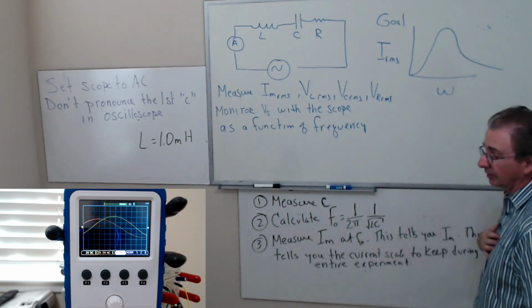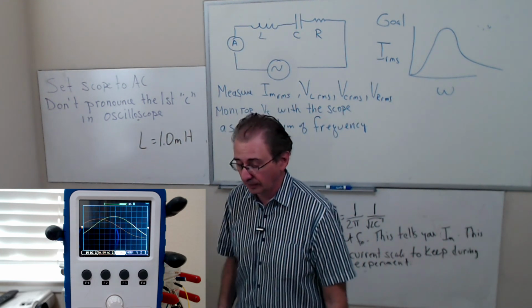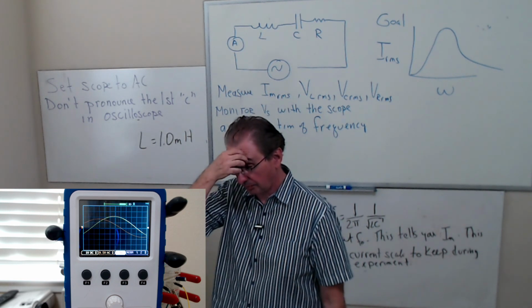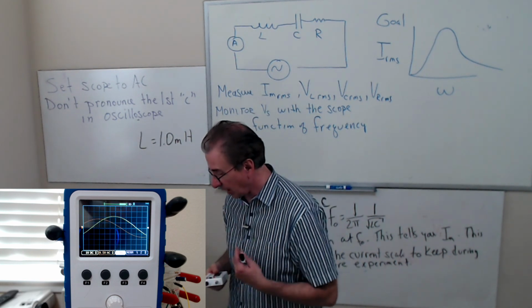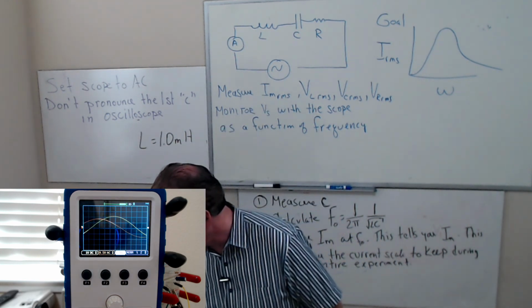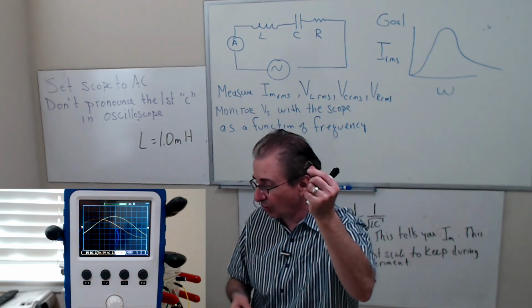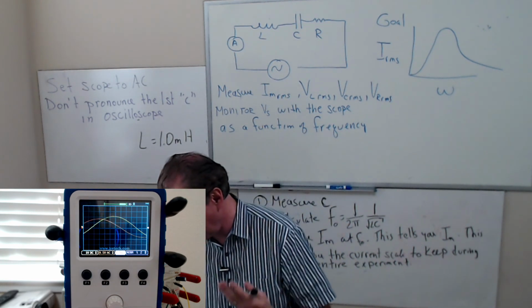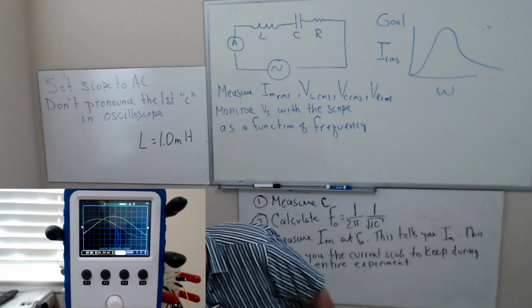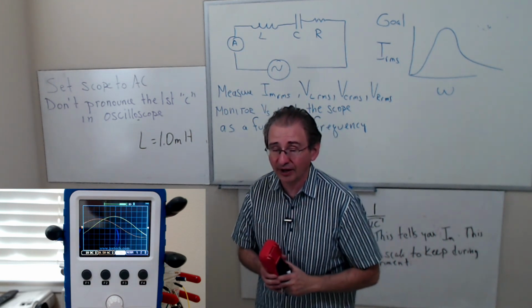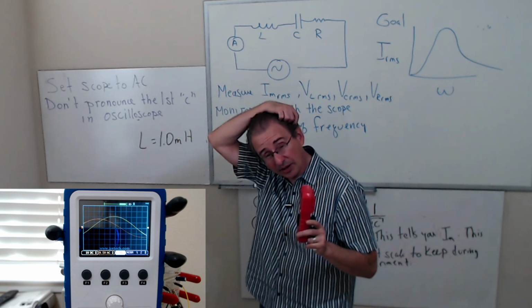What I would like for you is to have the current above 25 milliamps. Why do I want that? Well, the resistor is 1.2 ohms. I measured it. At least my resistor is 1.2 ohms. Actually, you really want it to be above 20 milliamps.